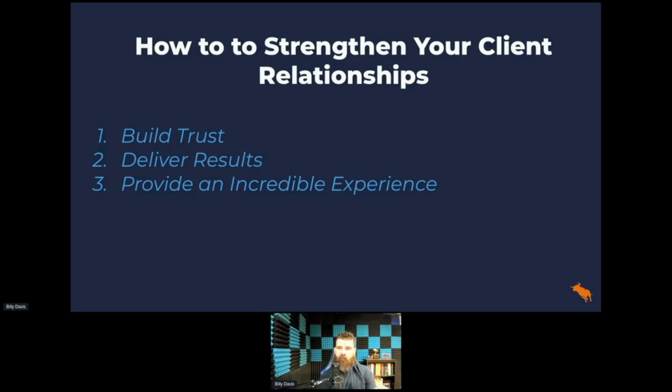And then while you're delivering those results, the element that you can really elevate to build a really strong relationship is to provide an incredible experience while you're doing it. Ensure that there's communication each step of the way, answer questions proactively before they're even asked, set clear expectations, hit them consistently, and ensure that every step of the way the client feels supported.